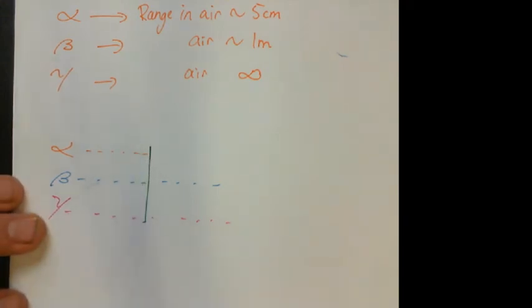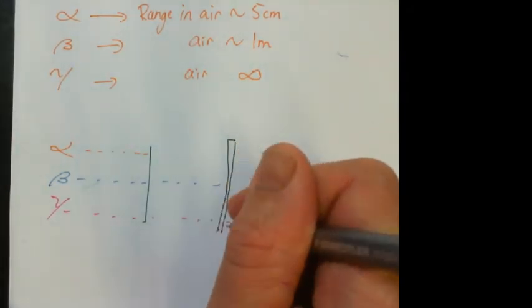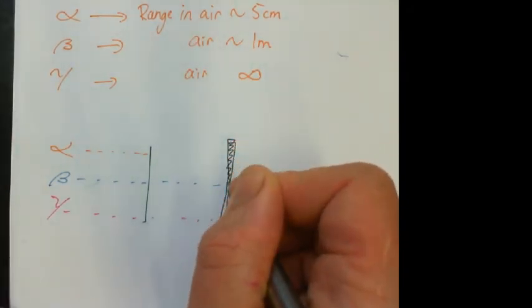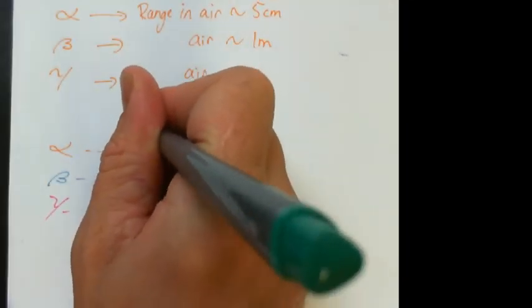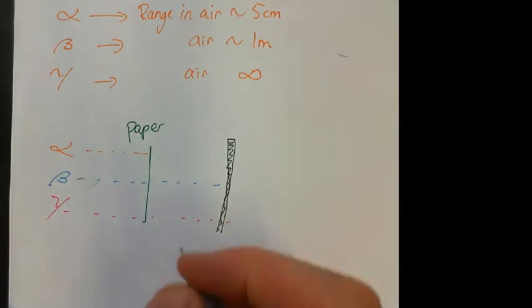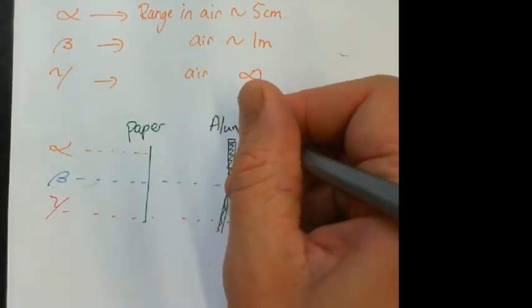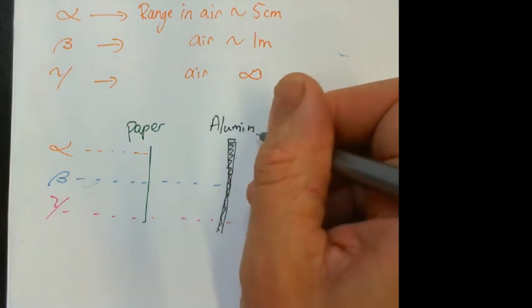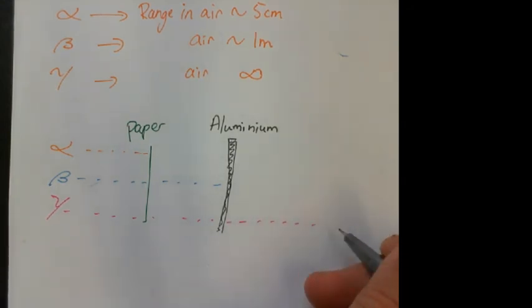So the next thing that we do is, if we put a thin sheet of aluminium in the way. So this one was paper, and this one is a thin sheet of aluminium. This time the beta is stopped, but the gamma carries on going.